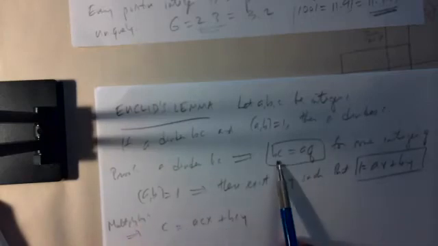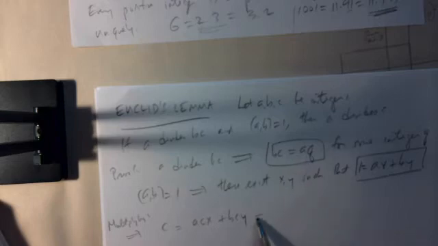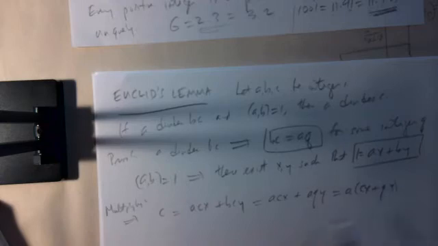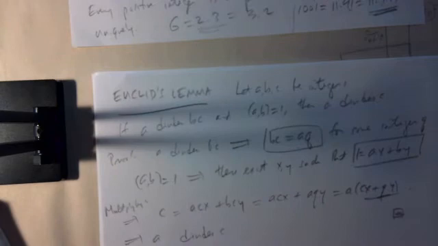I just multiplied by C. And BC is A times Q. So this is ACX. I replace BC with AQ, I get AQY. And then I can factor out an A. So C is A times something. So A divides C. That's the proof.